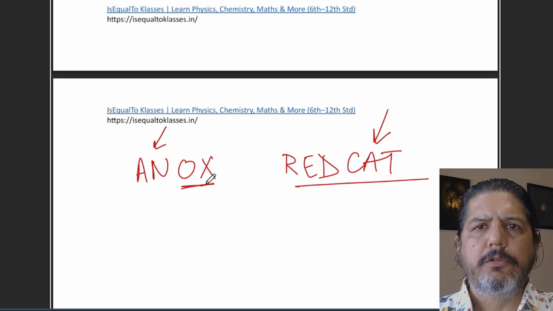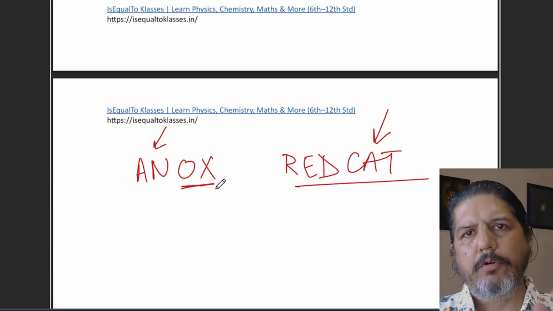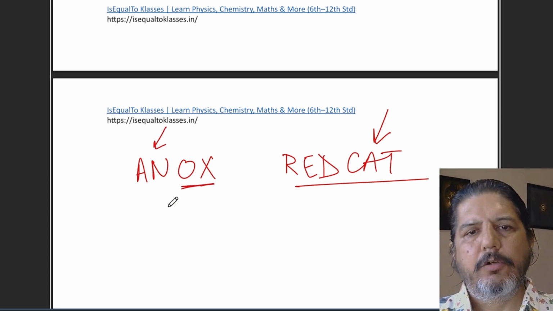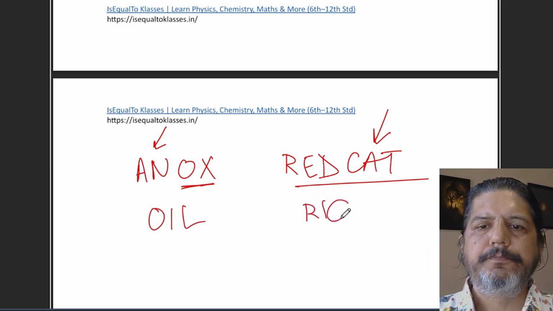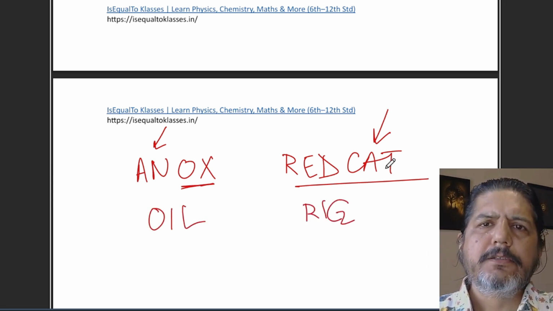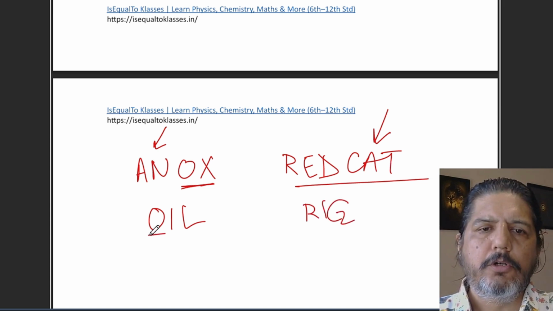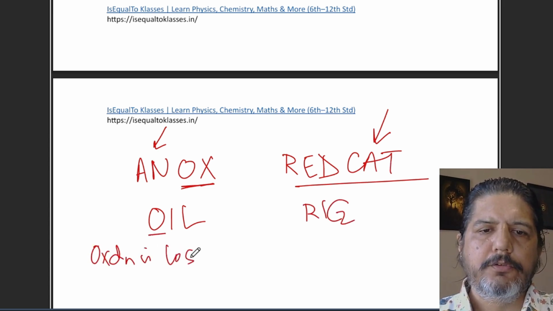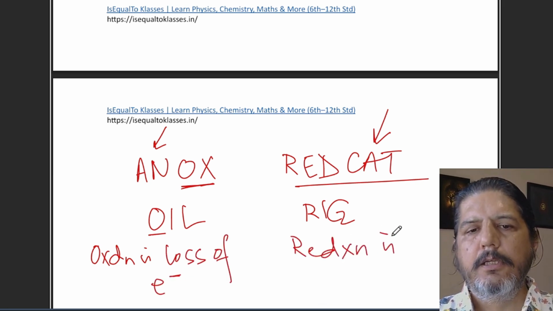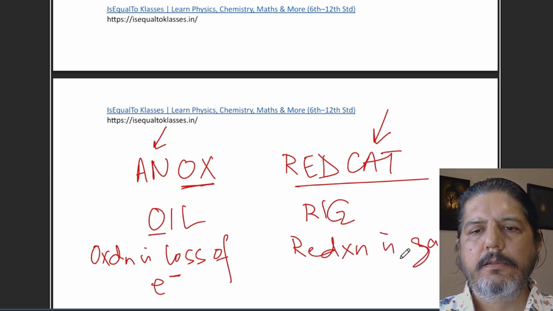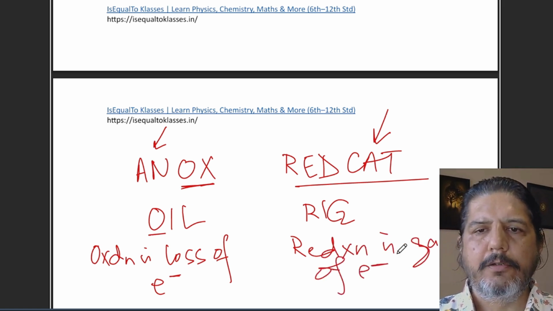And we already know the mnemonic for oxidation and reduction also. It is oil rig. This is the mnemonic that I prefer. So oxidation is loss of electrons. Reduction is gain of electrons.